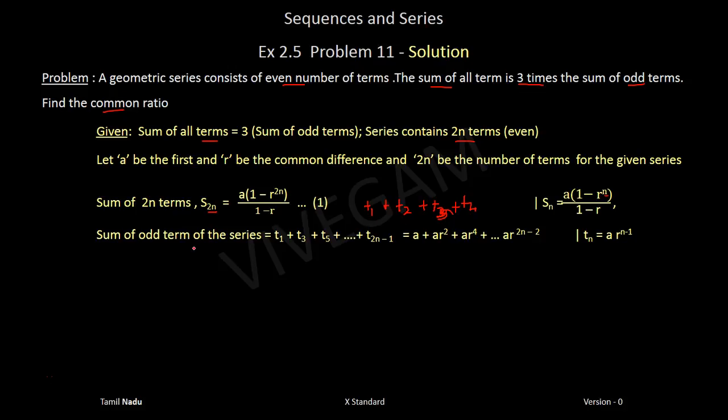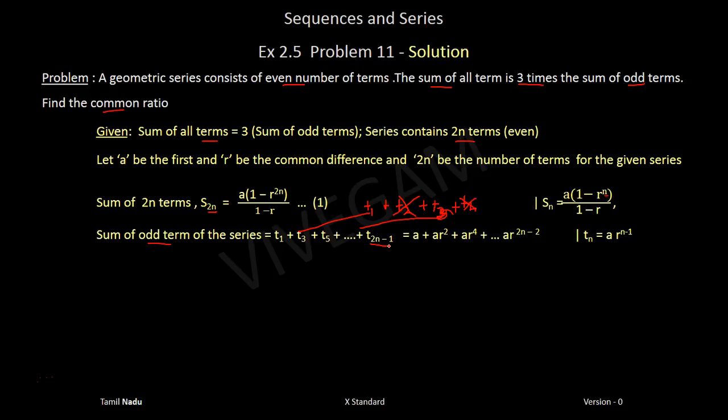Now they want only the odd terms. So t1 will come down, and t3 will come down, but t2 will not come and t4 will not come, because they are even terms. You got it? The odd terms of the series will be t1, t3, t5, t7, and so on. t2n is the last term, which is even, so 2n minus 1 is an odd term.